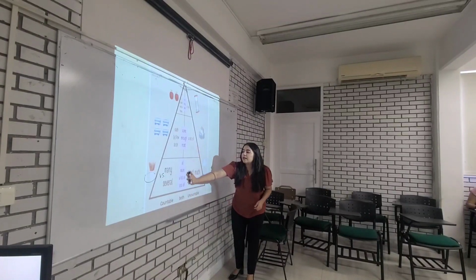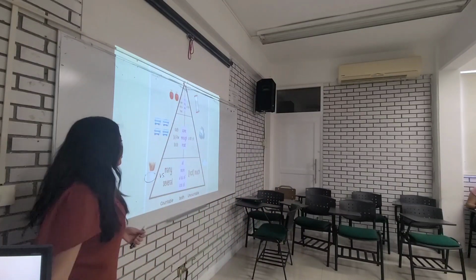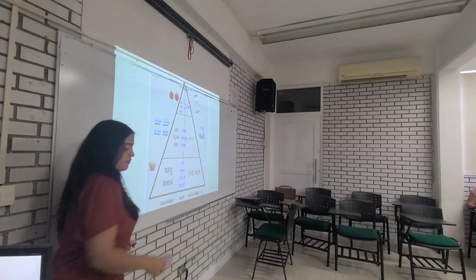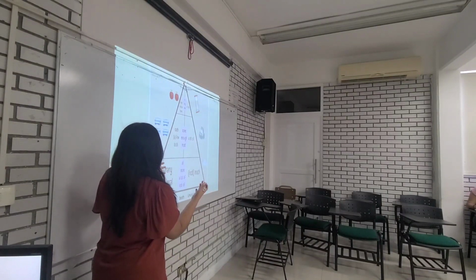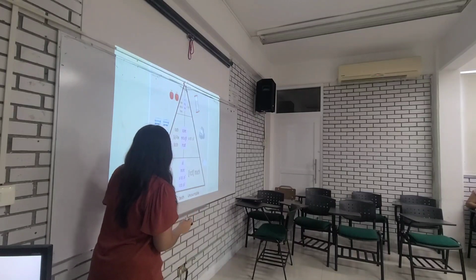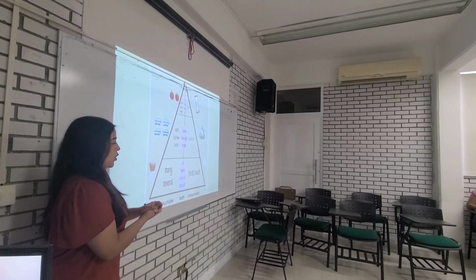And then this is a representation of the amount, the visual amount of the quantifiers. For example, we have here countables. When I'm using the quantifiers many and several, I'm saying here are many pencils, okay?